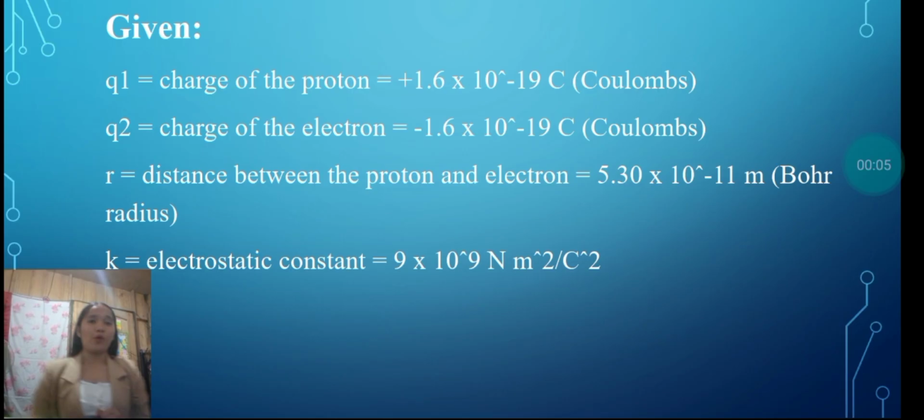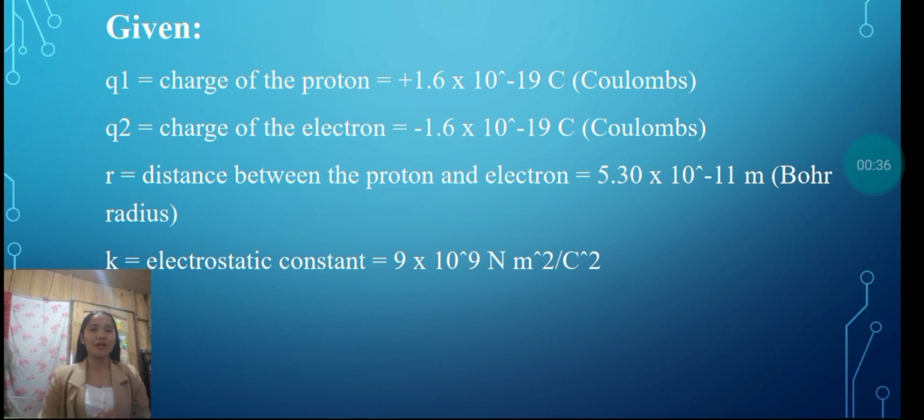Now we have the given. Q1 is equal to the charge of the proton, positive 1.6 times 10 to the negative 19 C, while Q2 is equal to the charge of the electron, negative 1.6 times 10 to the negative 19 C. R is the distance between the proton and electron, equal to 5.30 times 10 to the negative 11 m, the Bohr radius.